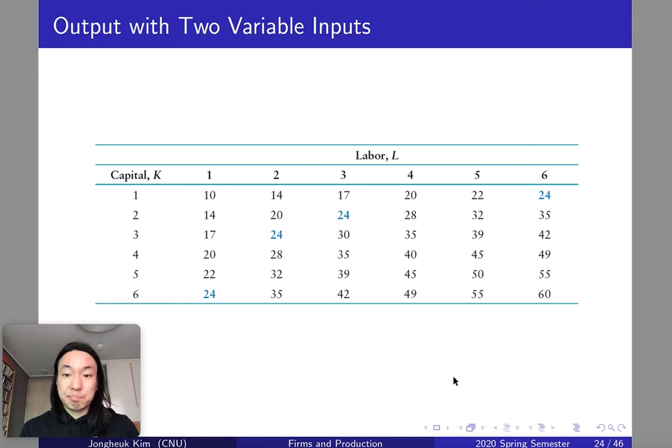Lastly, 6 units of labor and 1 unit of capital can produce 24 units of output. So the same amount of output, which is Q bar from the previous page, but different combinations. We have 4 different combinations of L and K inputs, and they are all on the same isoquant curve. Okay.